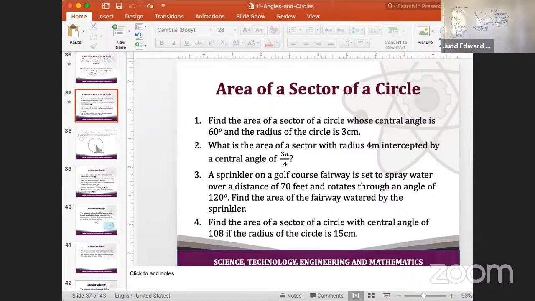Find the area of a sector of a circle with central angle of 108 if the radius of the circle is 15 centimeters. First, we convert 108: times pi over 180. 108 divided by 180 is 3 over 5. So we have 3/5, times 1/2, and the given radius is 15, so times 15 squared.